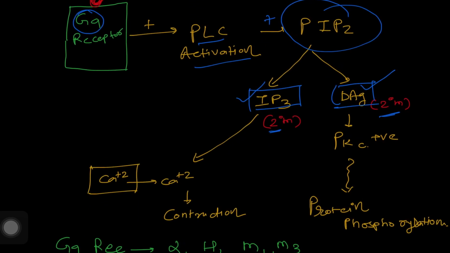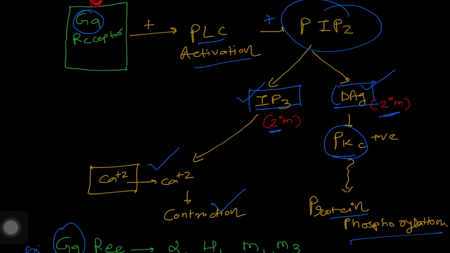This IP3 is responsible for release of calcium and producing contractions of muscles, and DAG, by activation of protein kinase C, carries out the phosphorylation process, and eventually the response is generated depending upon the characteristic of the receptors. So this is the IP3-DAG pathway, and let's take some examples of these receptors.